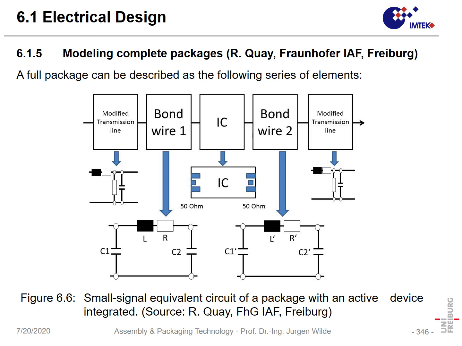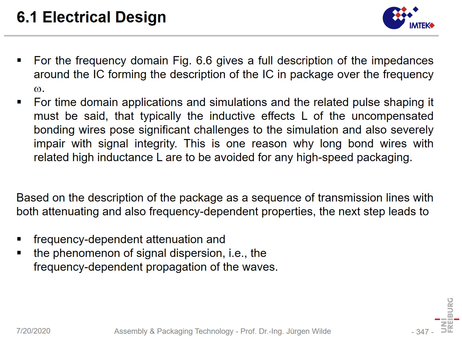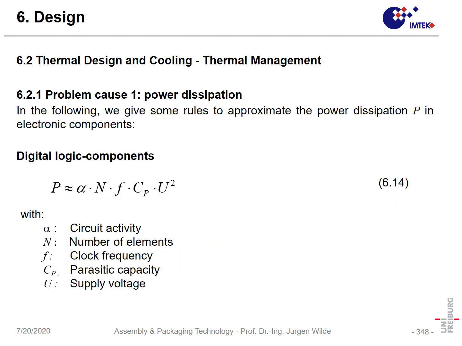The wire bond, when we come towards the IC, is again modeled as a symmetric or almost symmetric RLC network, and on the outside of that circuit again it must be modeled in that way, and then the signal goes along a modified transmission line. In that way we can determine whether it's important if assembly and packaging has an effect on the electrical properties or not.